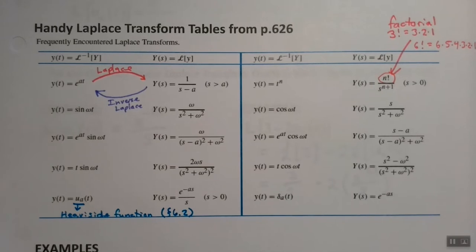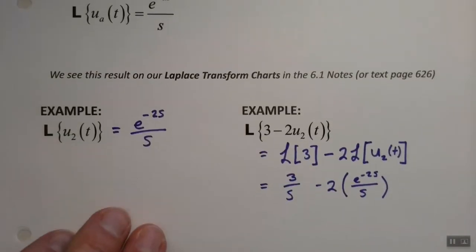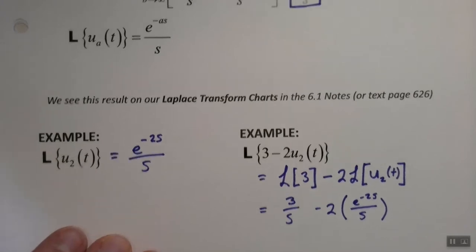The table is not exhaustive. It's not the only table that you'll run into. You can look up online Laplace transform tables, and there's tons and tons of them out there, probably with functions that we've never seen before. But Laplace transform tables are pretty useful and handy things.